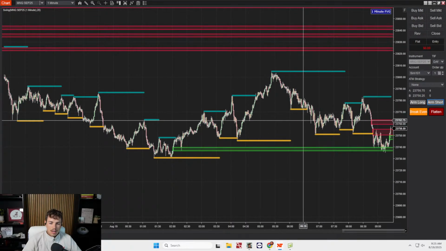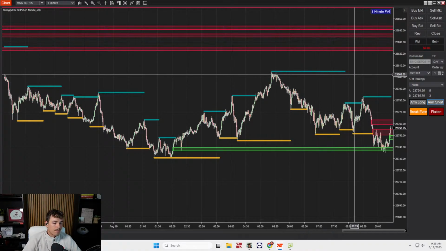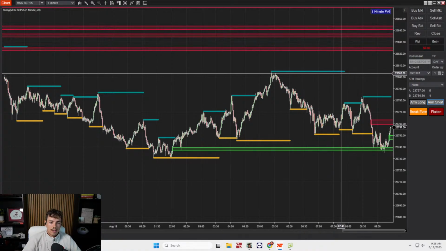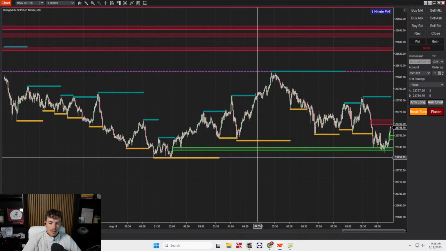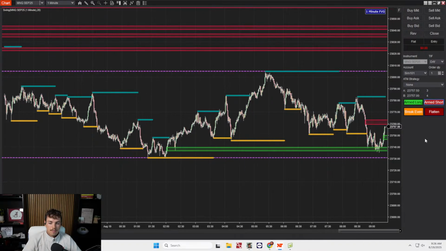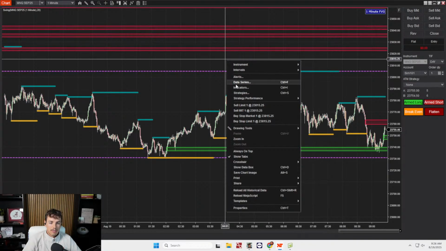So if we want to have it look for shorts off of this swing point, we can click here, marks the purple line. It'll now look for shorts if we cross above here, or if we want longs below here. There you go. Now it'll mainly just look for longs below here, shorts above here. Okay. Pretty unique feature there.